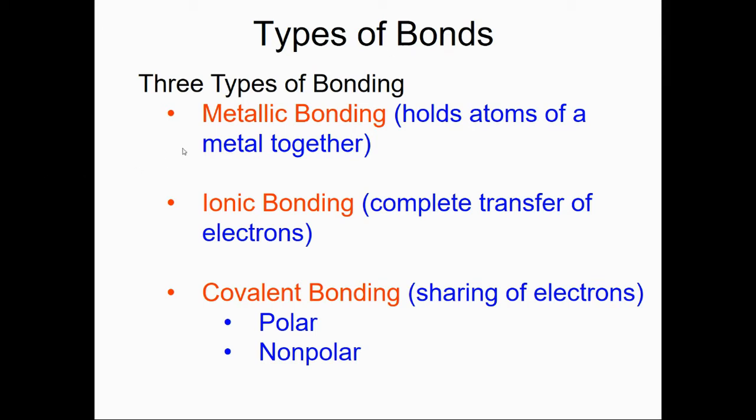Ionic bonding, that's the one we're going to spend a fair amount of time on today. Then there's covalent bonding, and that's where electrons are shared. It's not a transfer, it's a sharing. They're coming together to share electrons. And those covalent bonds can be divided up into what's called polar covalent bonds and non-polar covalent bonds. And we're going to discuss this in a later video.